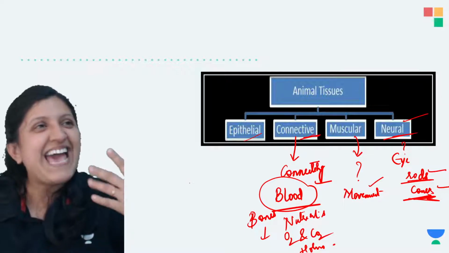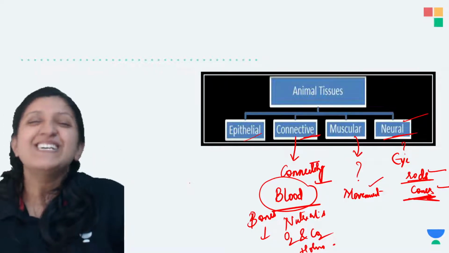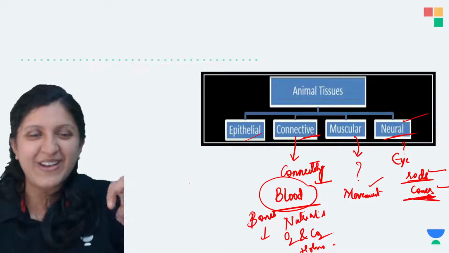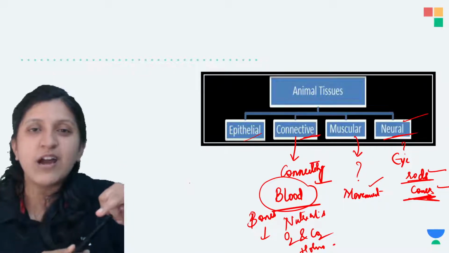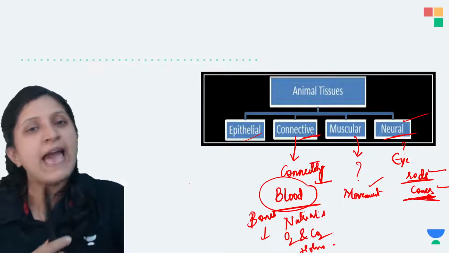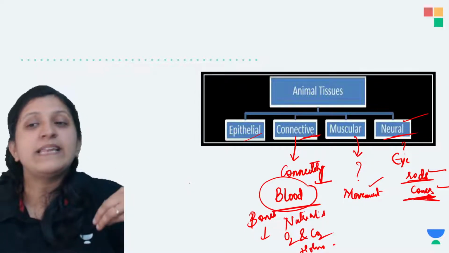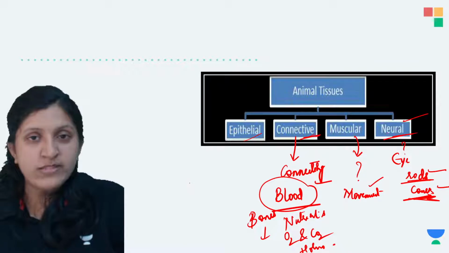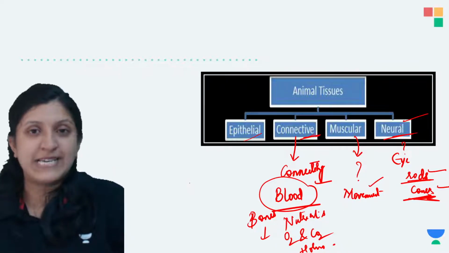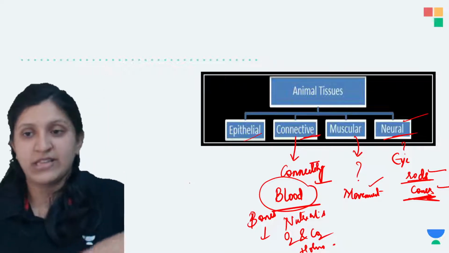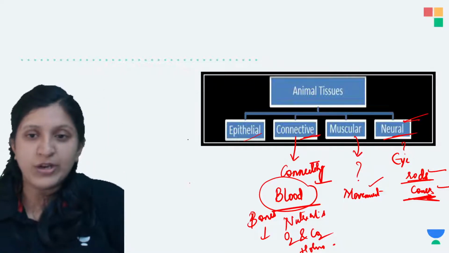Okay, since I have a cold, maybe I forgot about that. So smell is also one. So that is the nose, ear, the tongue, that is basically the mouth, eye, and the skin. These basically have sensory neurons and motor neurons, and that's the reason you can sense different things. That is the function of neural tissue.